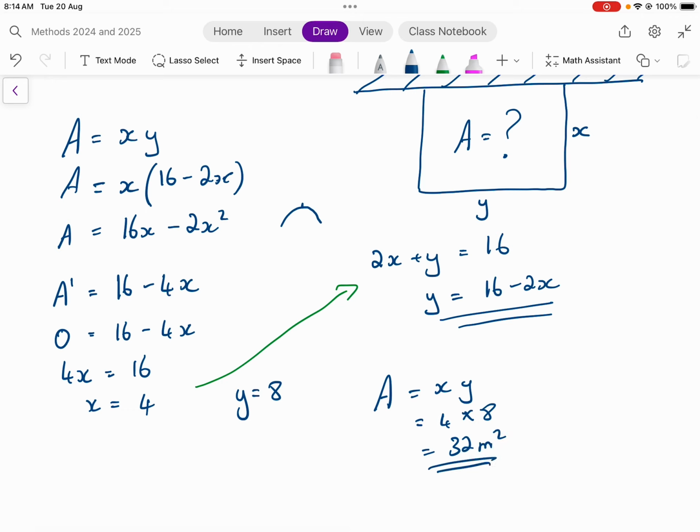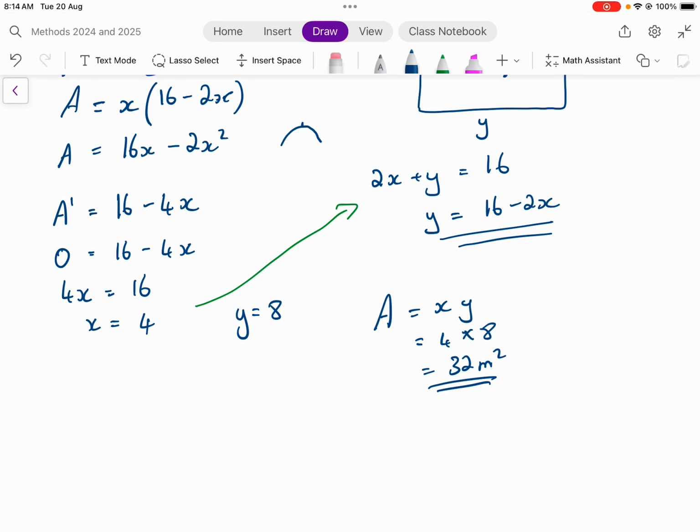Now you should always verify this even if the question doesn't say it. So to verify, we can check 2 ways. We can check the derivative for x equals 3.9 and the derivative for x equals 4.1.